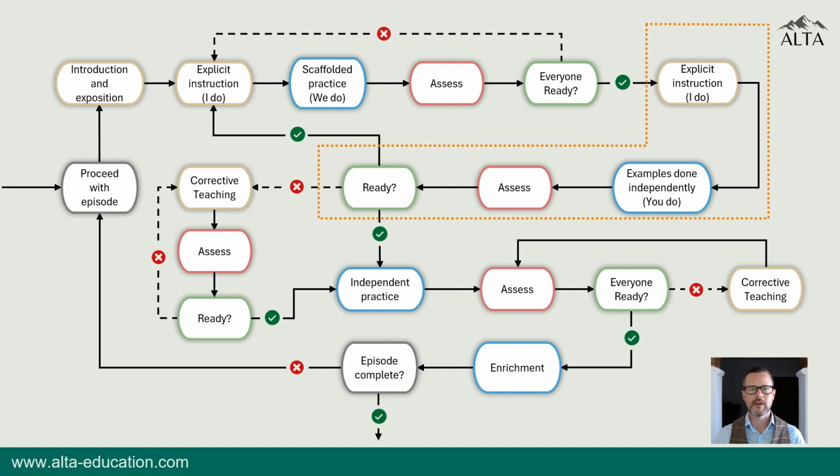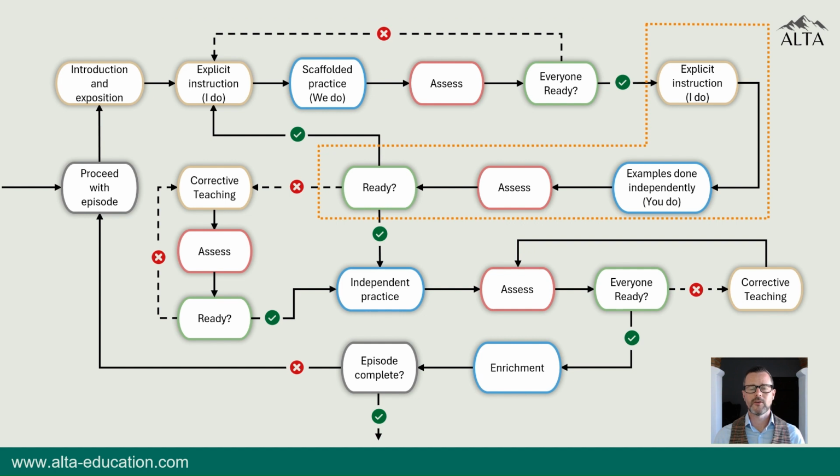So moving on from that very initial phase, once everybody's ready, this is where we start to devolve the responsibility more to the students, and the teacher might do an example themselves and then expect students independently to complete a similar example, that I do, you do type structure.